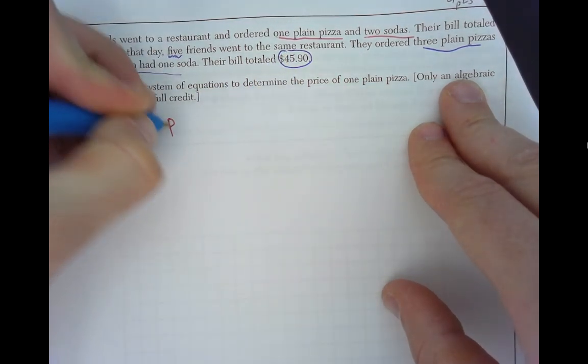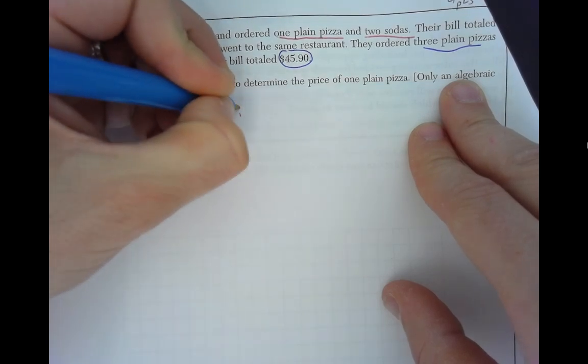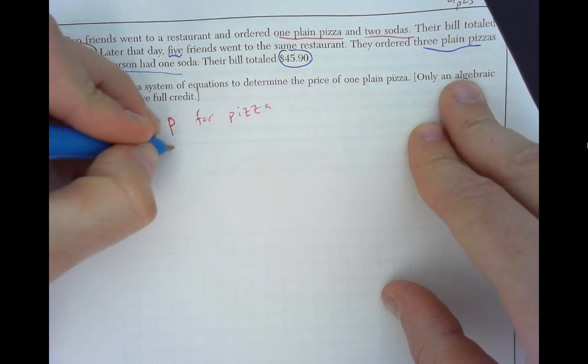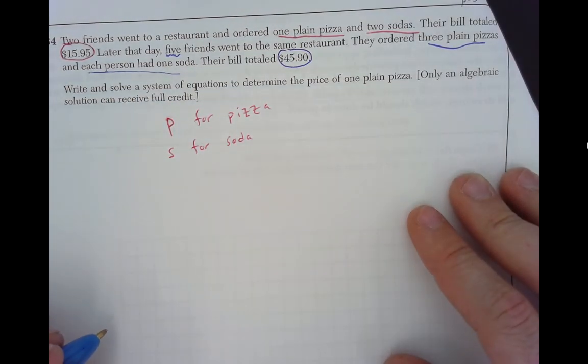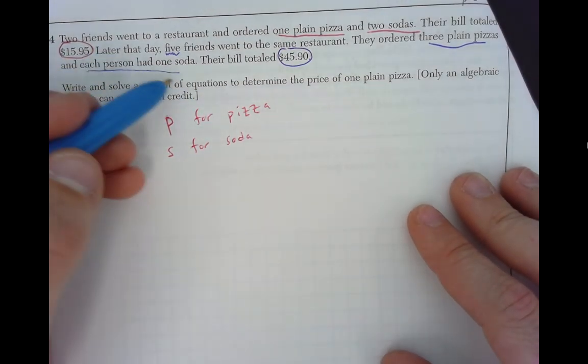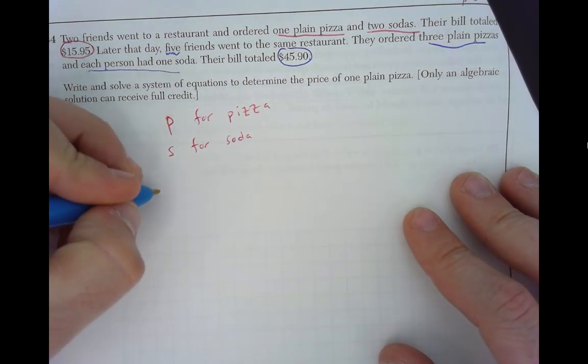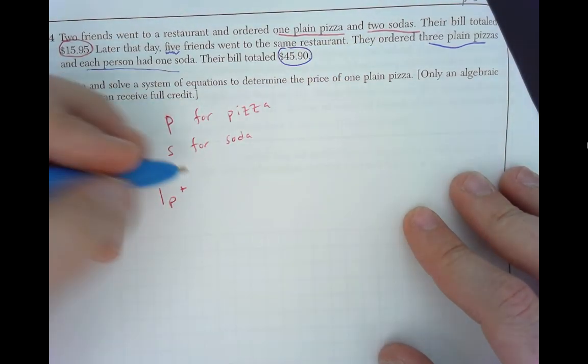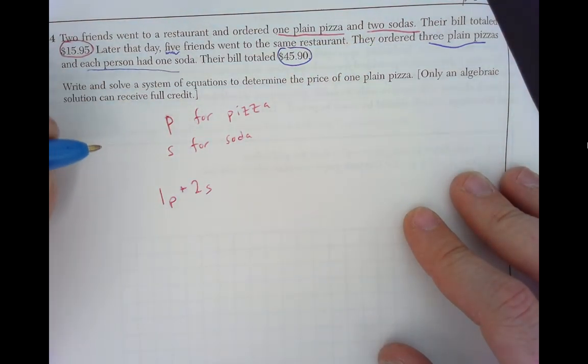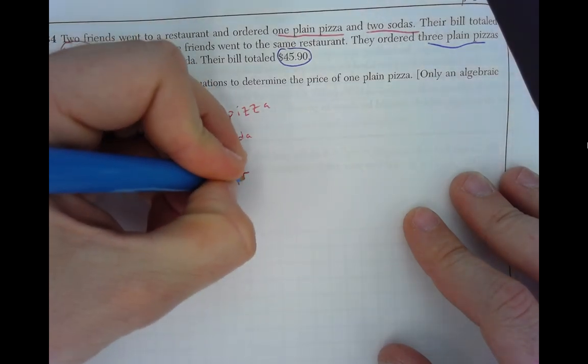So I'll say P for pizza, S for soda, and then I can just start doing it. They got 1 plain pizza, so 1P, plus 2 sodas, so 2S, and their total was equal to $15.95.